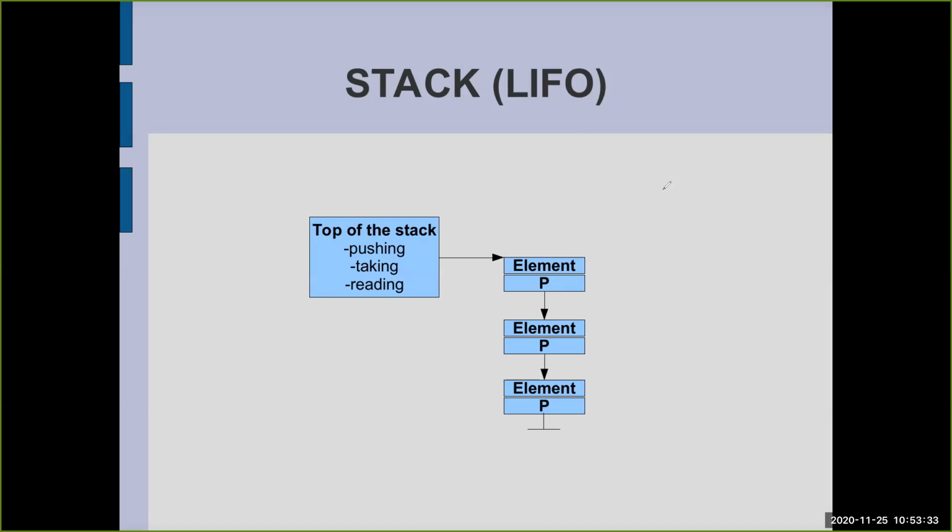So in memory, we have something which is called stack and something which is called heap. So when a function is called, all its data are put on a stack.